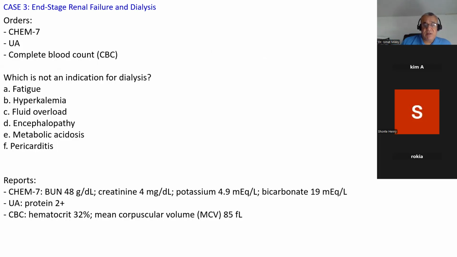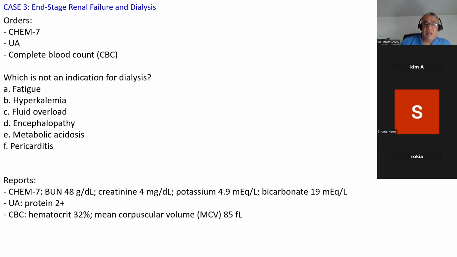The indications for dialysis. This is a good question about when you would prescribe or order dialysis for a patient. It can be prescribed for all the following except one, except for fatigue. You can give it for hyperkalemia, fluid overload, encephalopathy, metabolic acidosis, pericarditis.